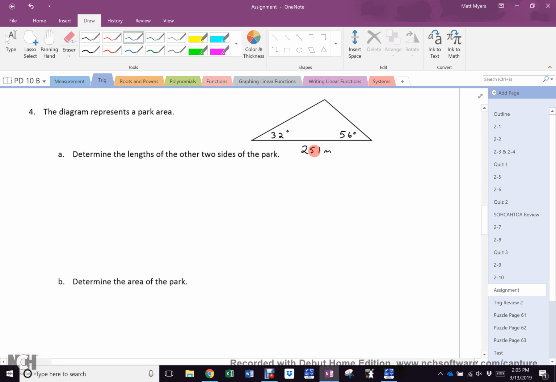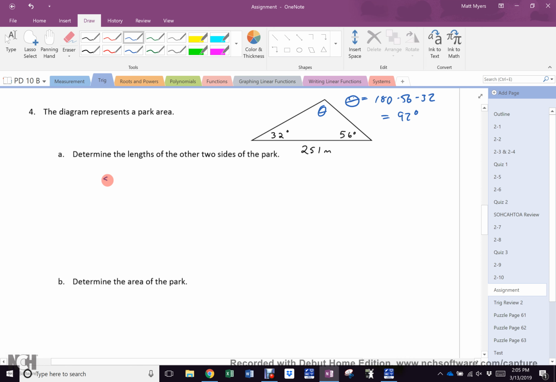Determine the lengths of the other 2 sides. No pairs, but there is a pair because blue theta equals 180 minus 56 minus 32, which is 92 degrees.